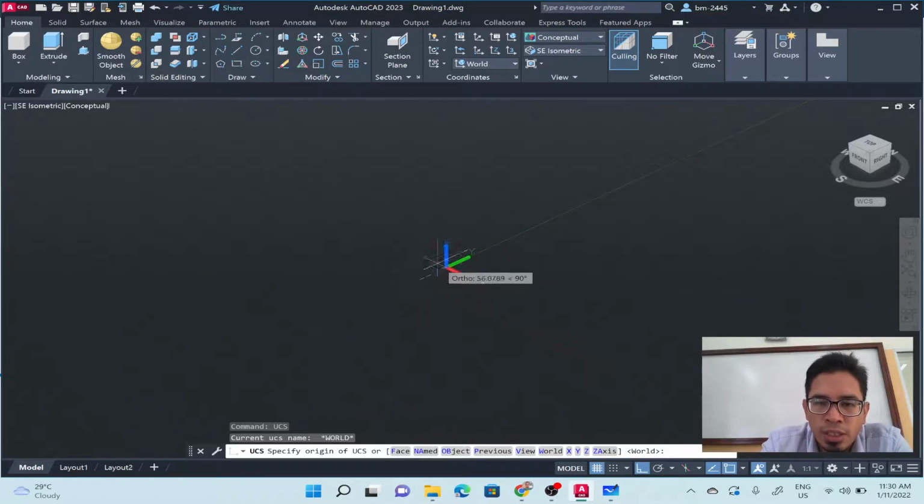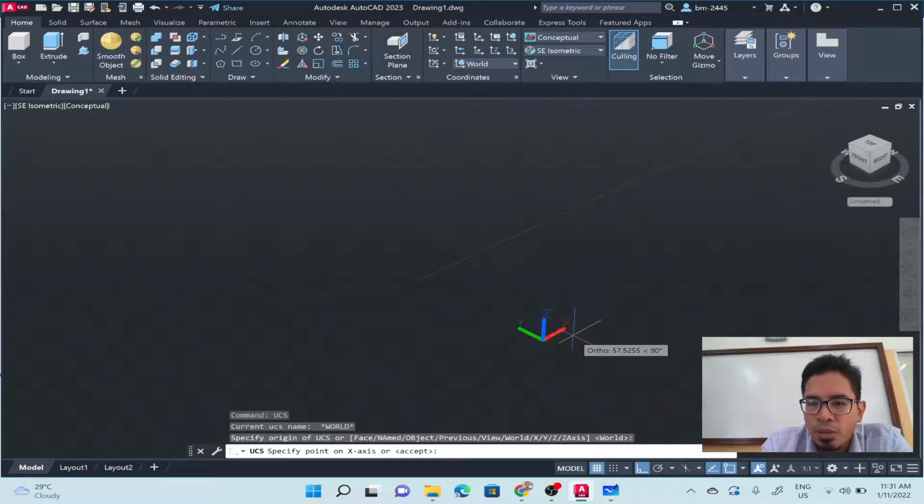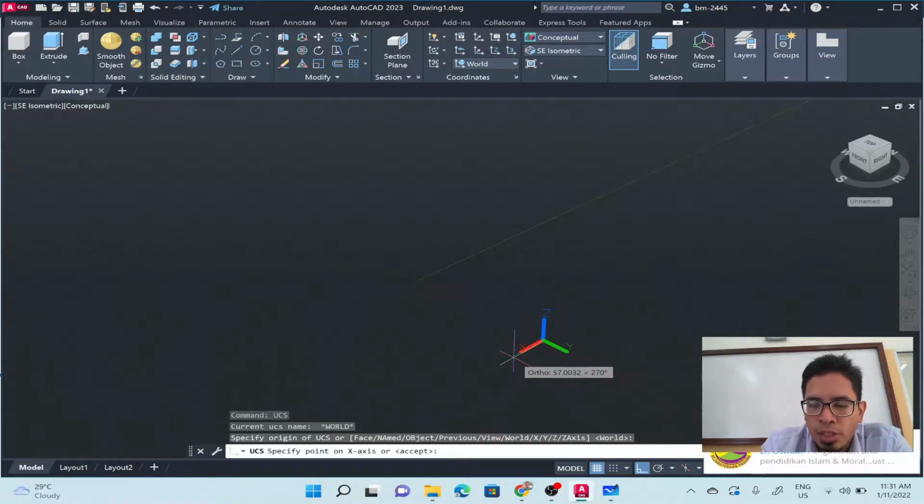The origin is basically the 0 0 0 coordinate, the middle between X, Y and Z. Where do we want to put that center? Let's say I want to put it over here. Because it's auto mode, it will go over there.